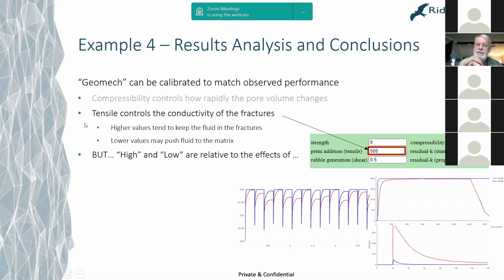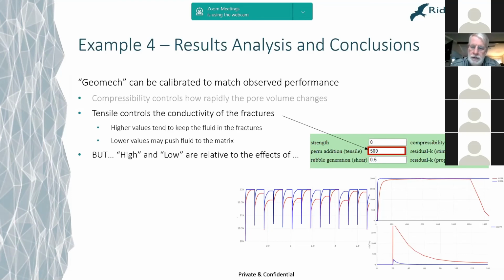The tensile input controls the permeability, which is used to build the conductivity of the fractures. So higher values tend to make it easy for the fluid to stay in the fracture and move further out into the reservoir. The lower value will make it more difficult for that frac fluid to move away from the well into the rock.